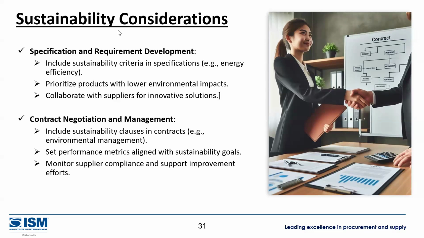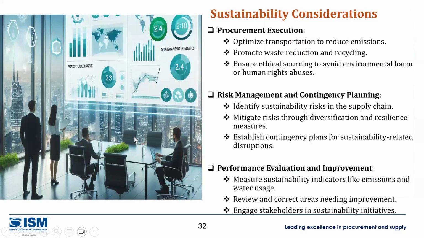We have to make sure we promote less waste, ensure ethical sourcing, risk management and contingency planning. We have to also understand the sustainability risk in the supply chain. I will explain about the sustainability risk and disruptions in the later slides as well.